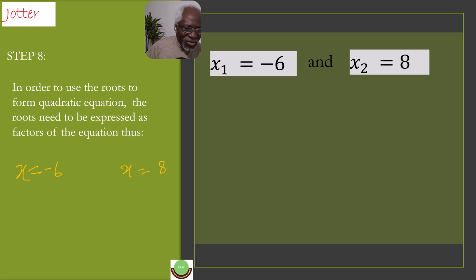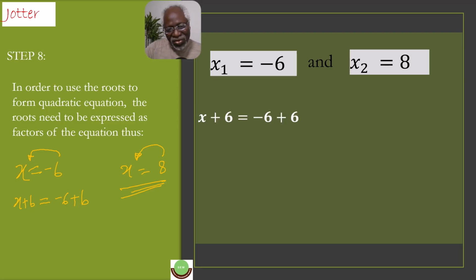What we're going to do is to shift this into the other side and similarly shift that to the other side. So for the first one, we need to add 6 to the right hand side, and we must add it to the left hand side. So we are going to have x plus 6 equals minus 6 plus 6, and we are going to do a similar thing on this side as well.